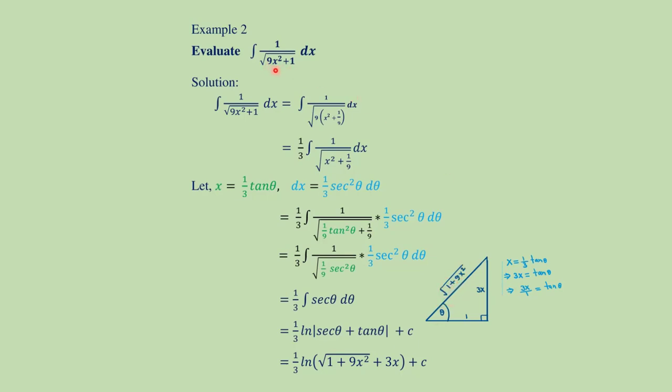So sec theta means hypotenuse over adjacent, that means square root of 1 plus 9x square, and tan theta means opposite over adjacent, which is 3x plus an arbitrary constant c.